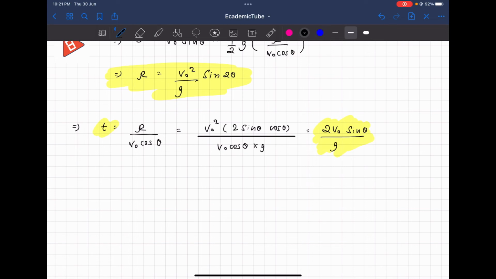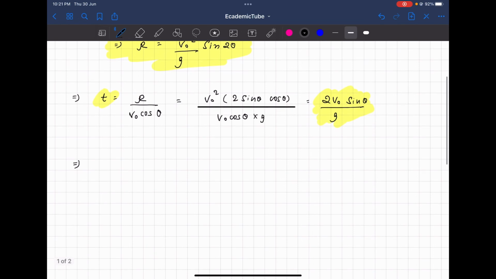Next we want to calculate the maximum height attained by the particle. As we know the equation, final velocity square is equal to initial velocity square plus 2 into acceleration into distance.